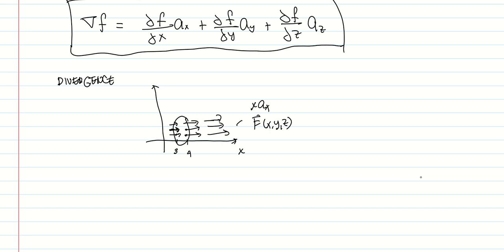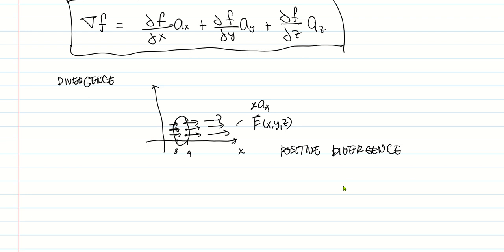So the strengths leaving the circle are greater than the vectors entering the circle. If this is the case, then this is what we call a positive divergence.